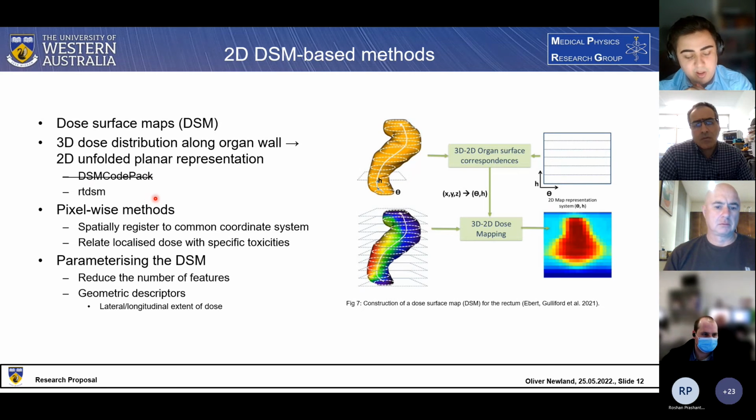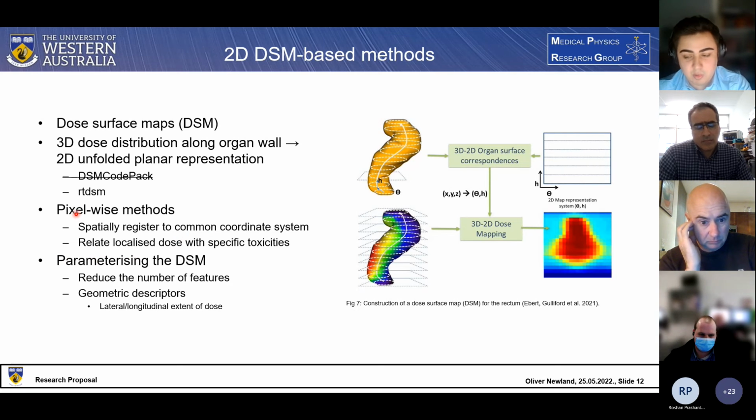Okay, so there's 2 methods when using DSMs. The first is basically just a pixel-wise method. So you spatially register the DSMs of all the observers to a common coordinate system, and you look at the regions of localized dose because certain regions are correlated with specific toxicities.